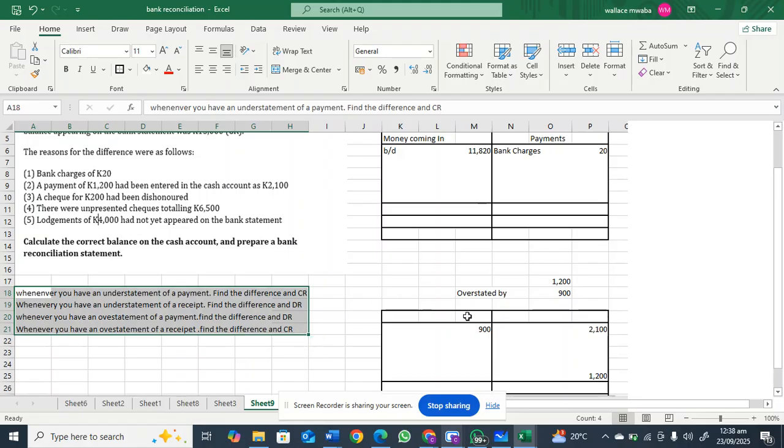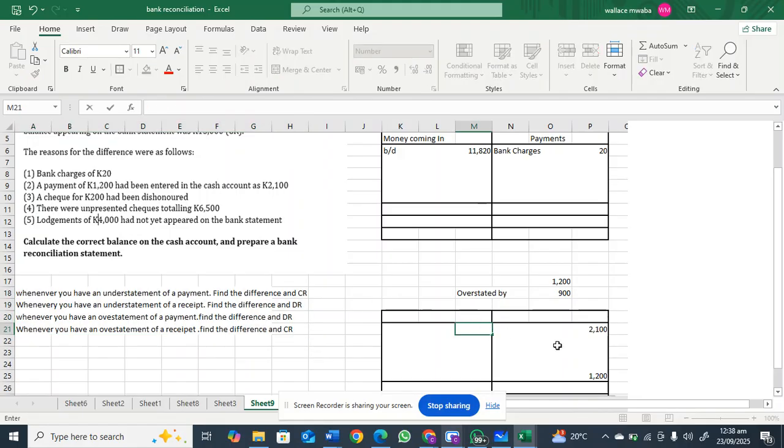For example, here, after we find out that the payment was overstated by 900, if I credit the cash book, I'm overstating the payment even more. It's now 3,000. So that's why we debited.